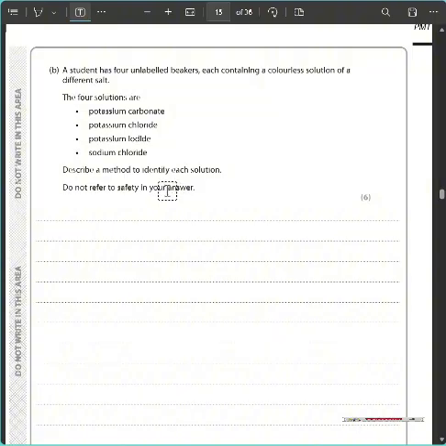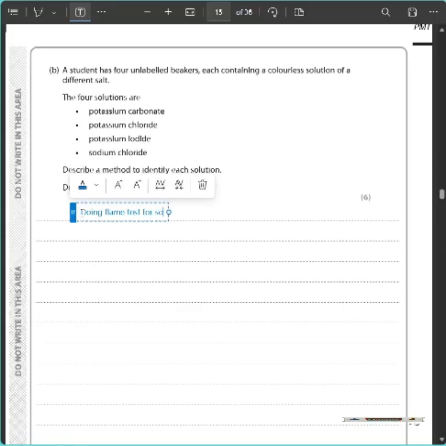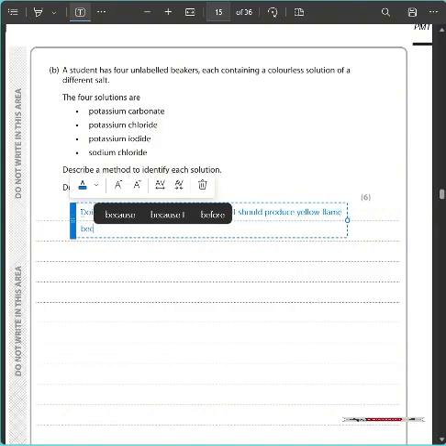Okay. The first one, doing a flame test for sodium chloride, and it should produce a yellow flame because of sodium ions.